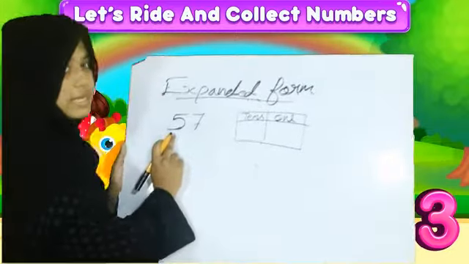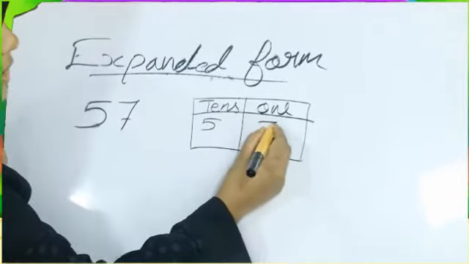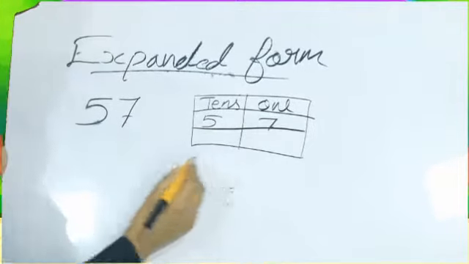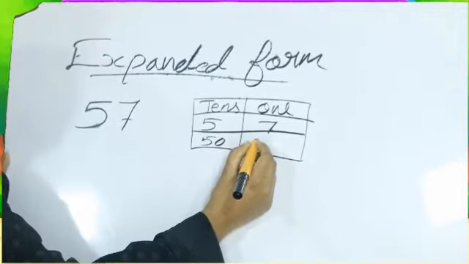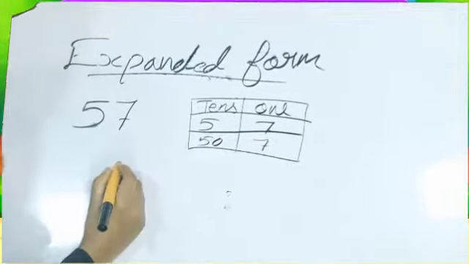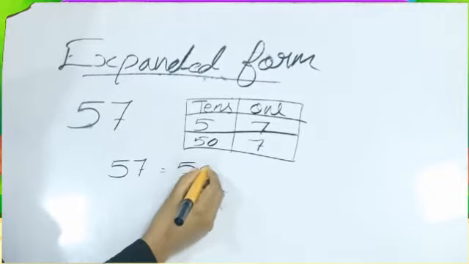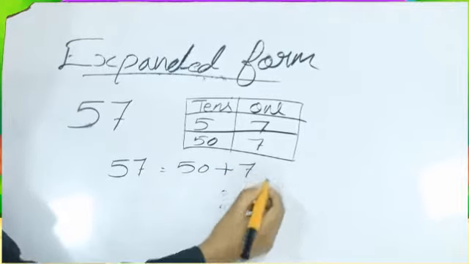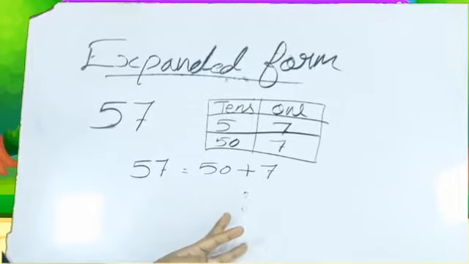How many tens? 5 tens. How many ones? 7 ones. 5 tens means 50. 7 ones means 7. Then we write 57 is equal to 50 plus 7. 50 plus 7, 57. This is the expanded form.